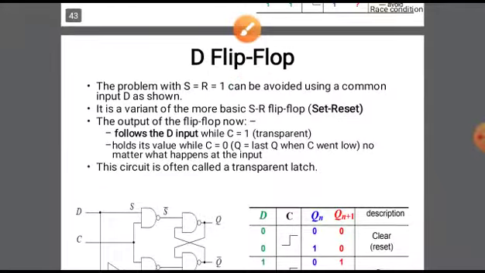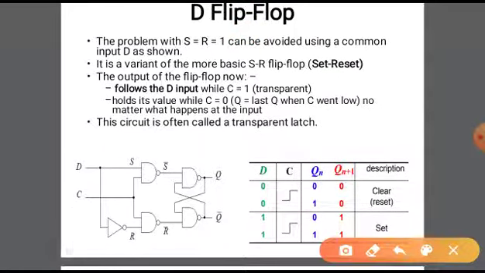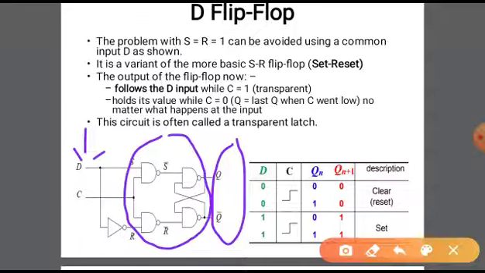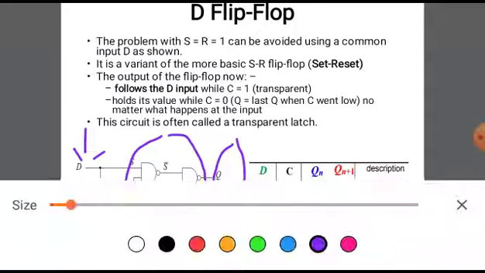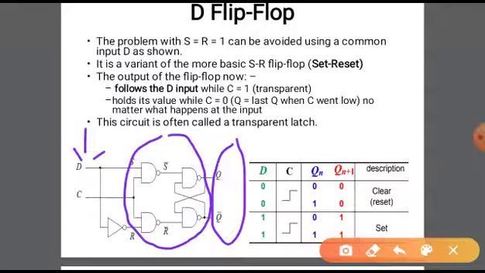So there is only one input, D, and there are two outputs, Q and Q bar. Now for the connection externally, this is the SR flip-flop, and externally you connect the NOT gate from the S terminal to the R terminal.